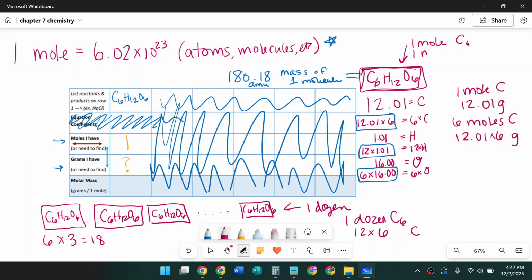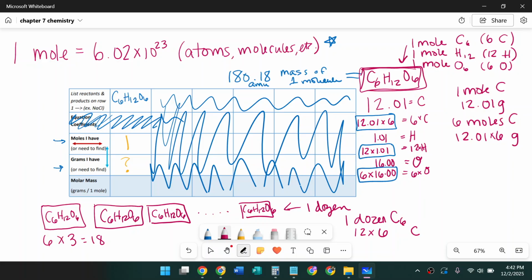I have a mole of H12, or in other words, 12 hydrogen. And then I have a mole of O6, in other words, 6. So I have 6 moles of carbon, 12 moles of hydrogen, 6 moles of oxygen. I can kind of think of it that way.